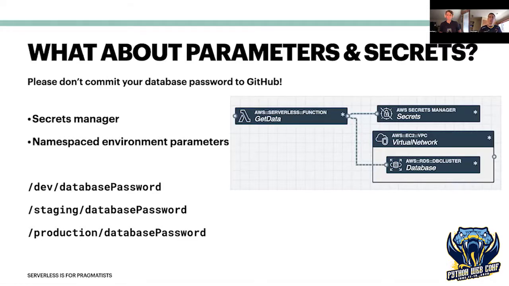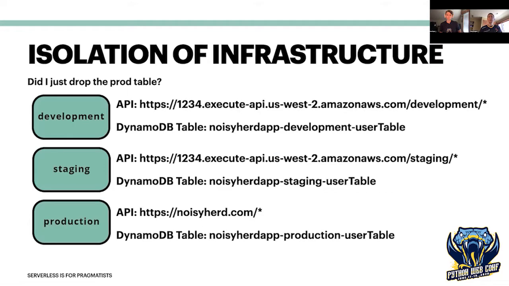We've talked about this in terms of secrets, but I can use the same mechanisms to parameterize my application. So in development and in staging, I don't care quite as much about the domain that's used for my API. It's fine if it has a bunch of random numbers and characters in it.